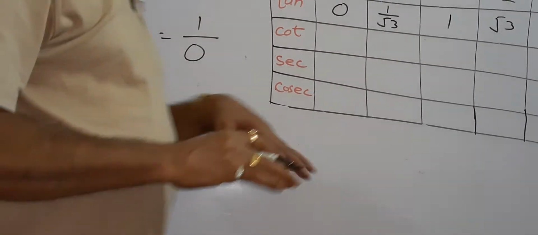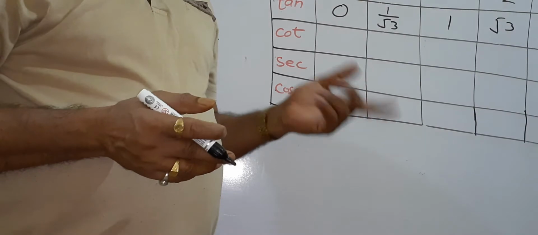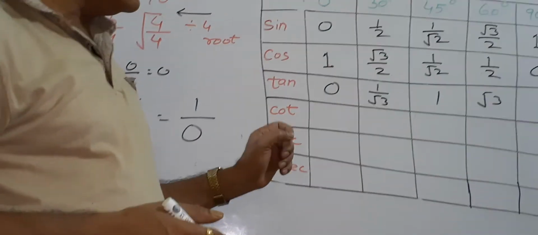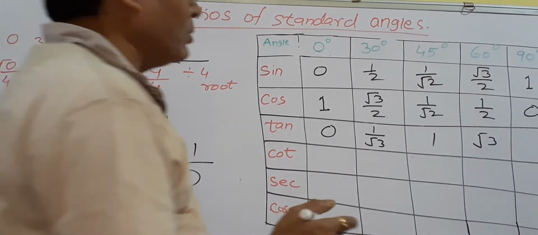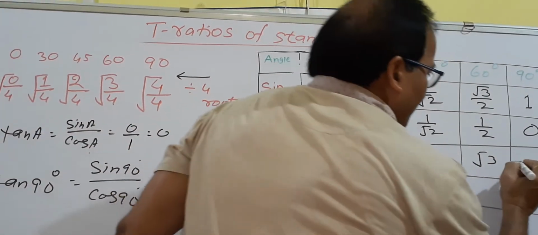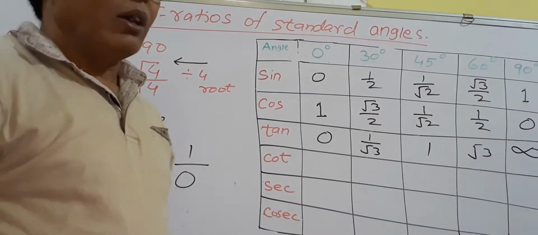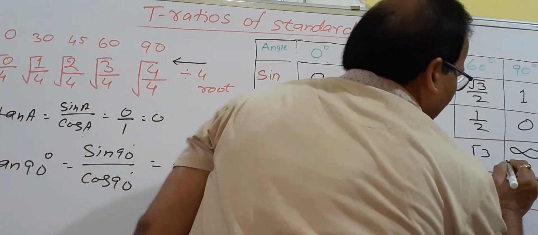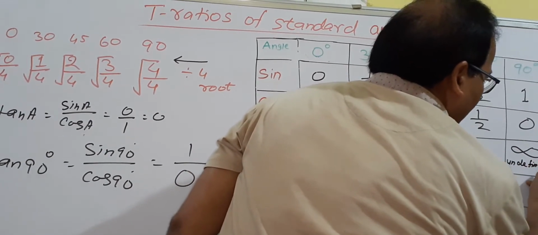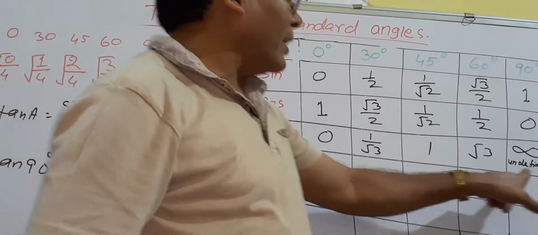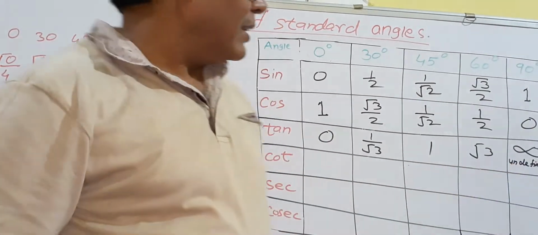You know, any numerical value divided by 0 is undefined. You know this from lower classes. If the denominator is 0, there is no value. So in some books it is written as undefined. This is the symbol of undefined, or you can write the word undefined. Either you write the word undefined or you give the mathematical symbol.